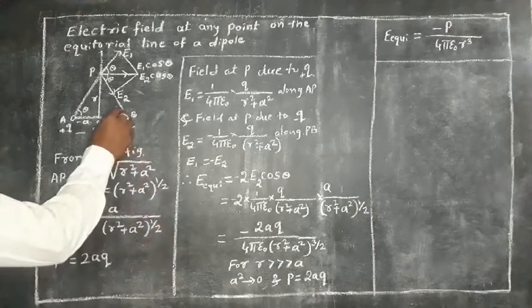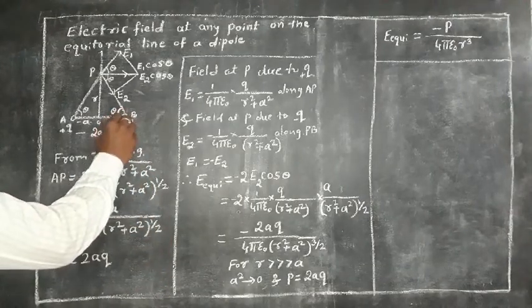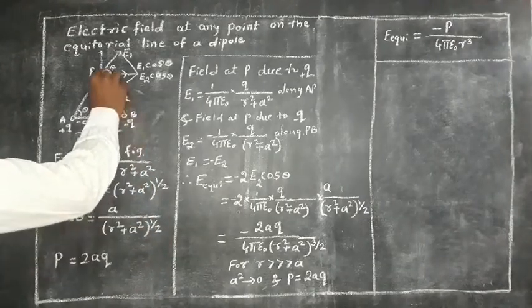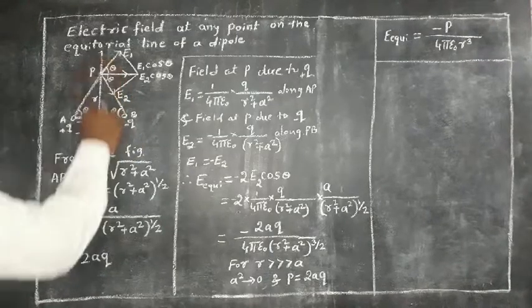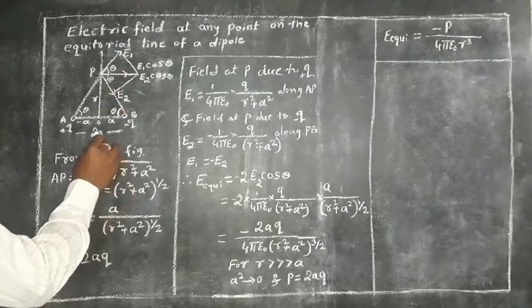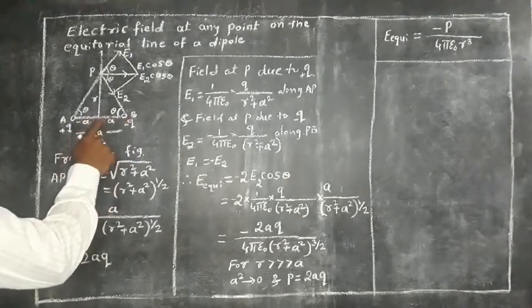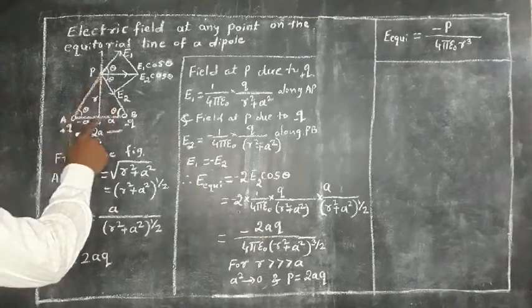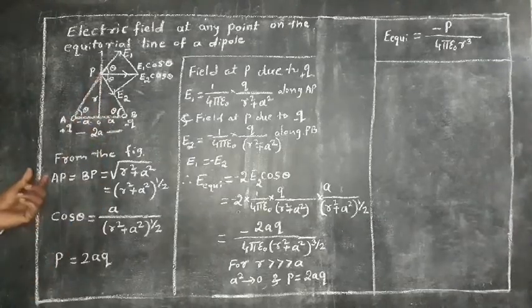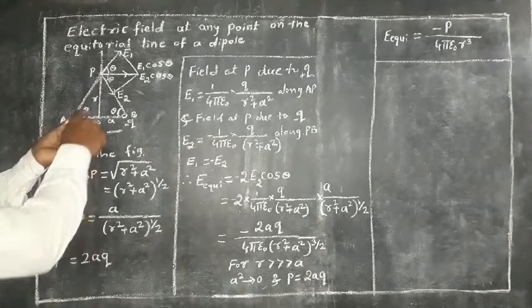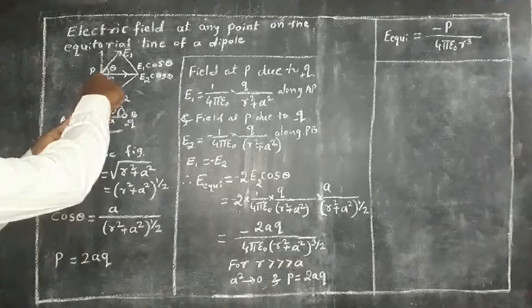If theta is the angle made by the line joining the point P, then from the triangle BOP or AOP, cos theta is equal to base upon hypotenuse.